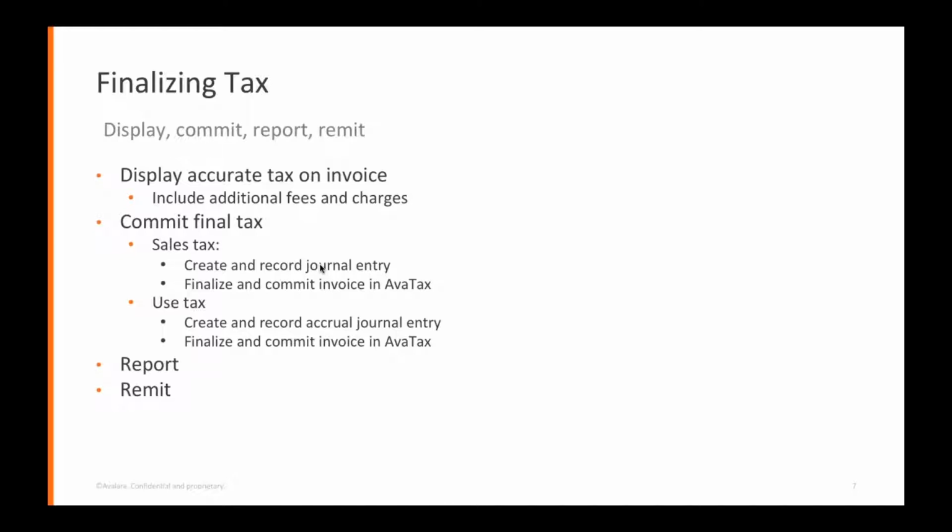And there is also the ability to commit that to show that that is finalized. Committing the invoice shows that it is now a permanent invoice and it has completed all of the process through your ERP and is likely posted to your general ledger in the ERP.